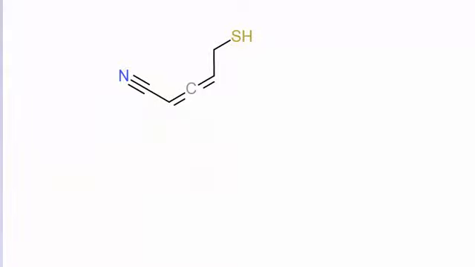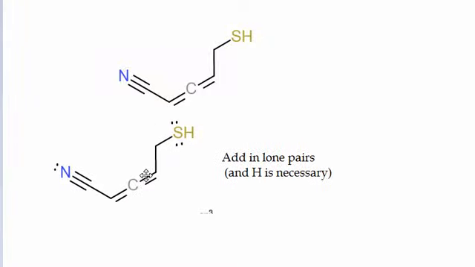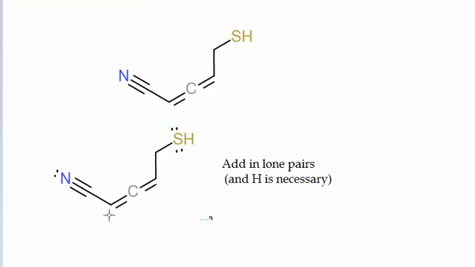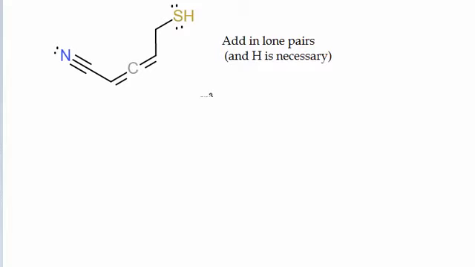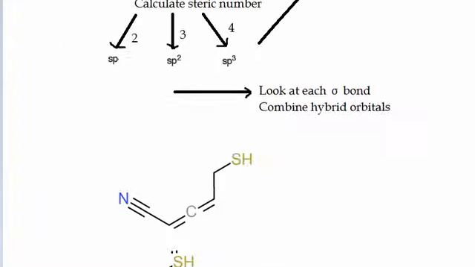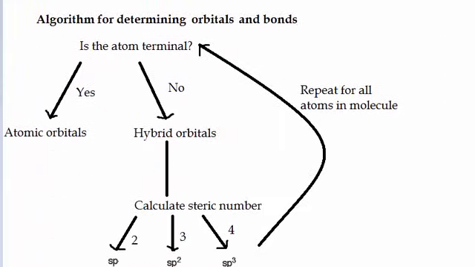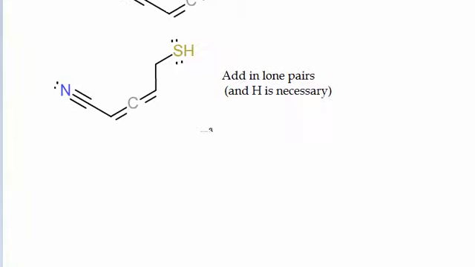So the first thing I recommend you do is add in the lone pairs definitely, and then if you need them, add in those hydrogens. Okay, what do we do next? Well, if you remember back to our algorithm, we're going to look at each of the atoms and see if they're terminal or not, and that'll tell us whether or not they hybridize.